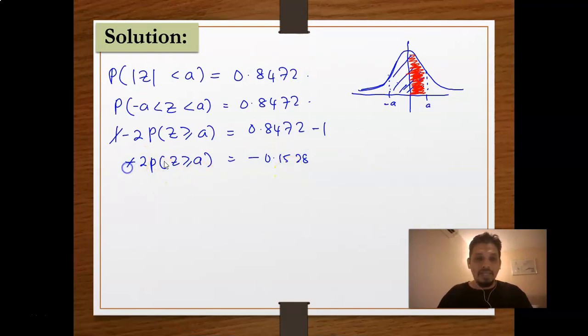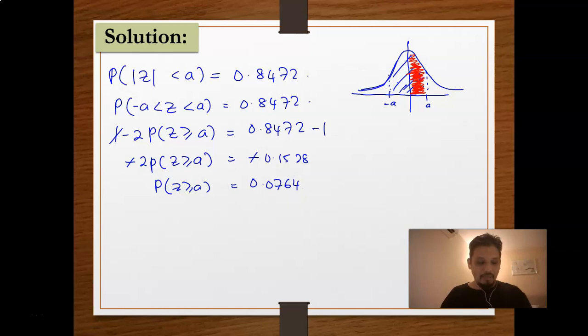Multiply by negative on the left and right. Then the probability of Z greater than or equal to A equals 0.1528 divided by 2, which is 0.0764.